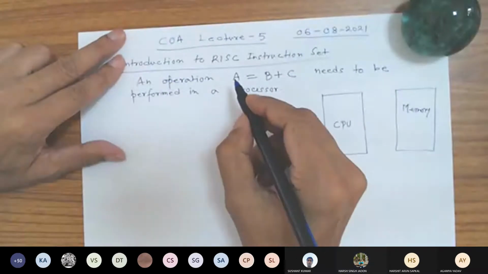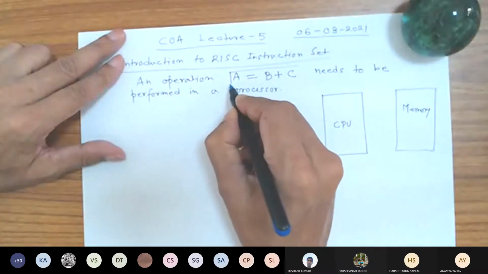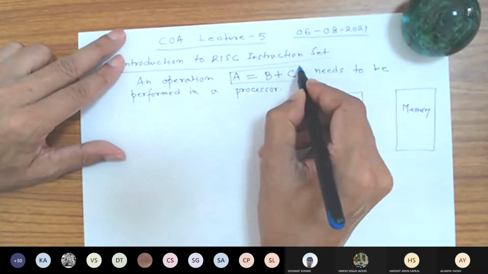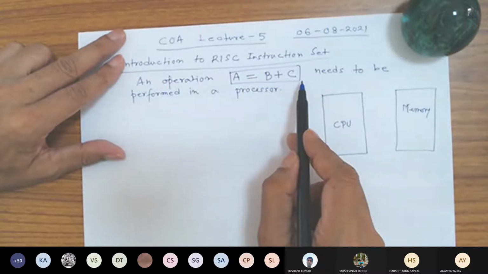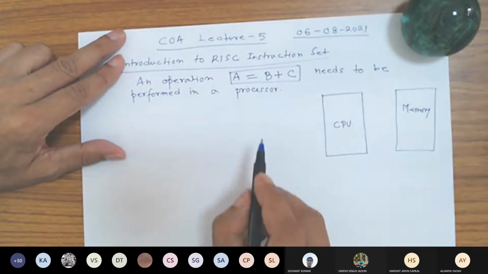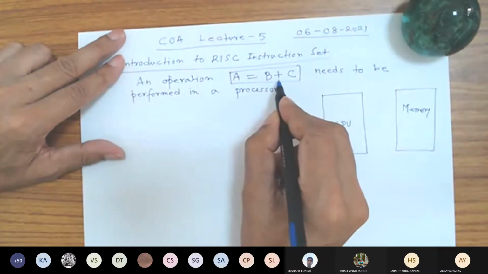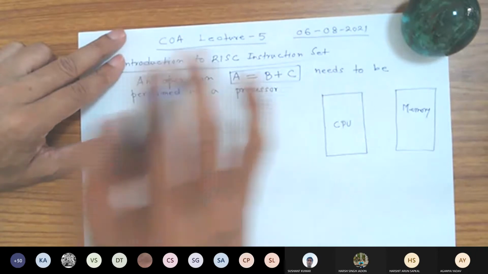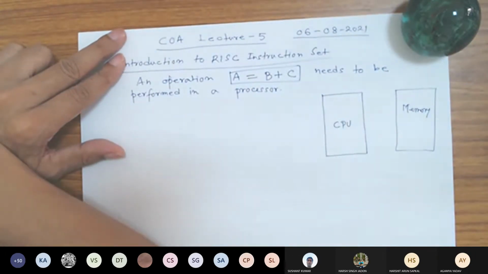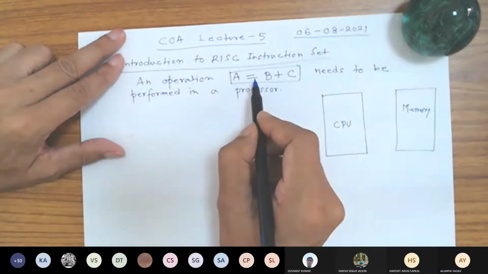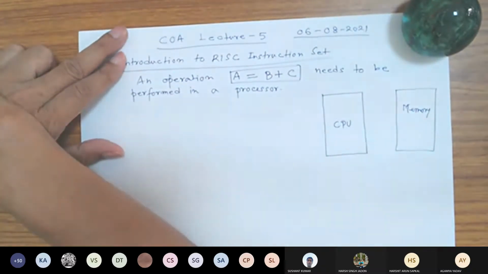So we store this program in memory. Even this particular instruction is also stored in memory. Now, how is it stored? We need to write an assembly language program to convert this high level instruction into assembly language instruction.